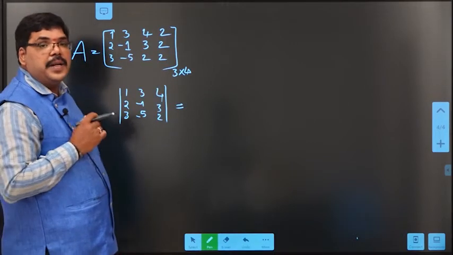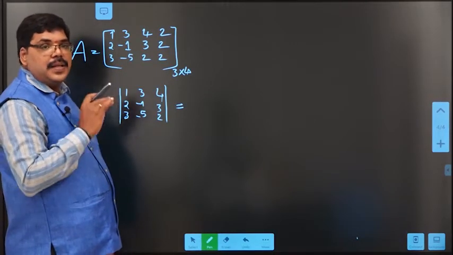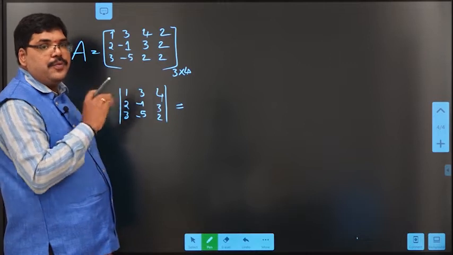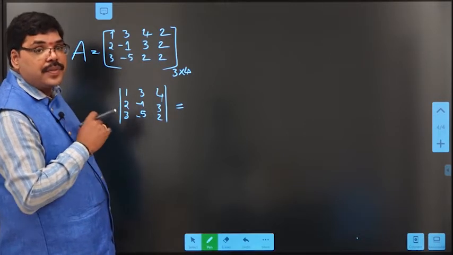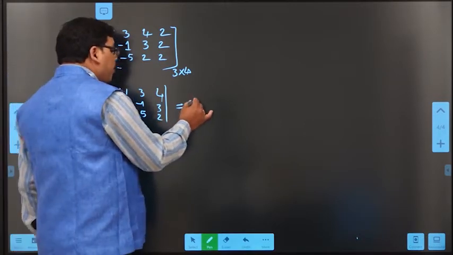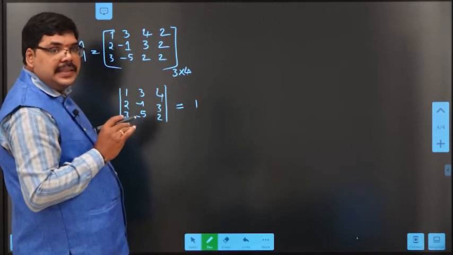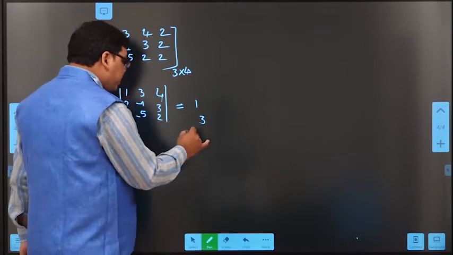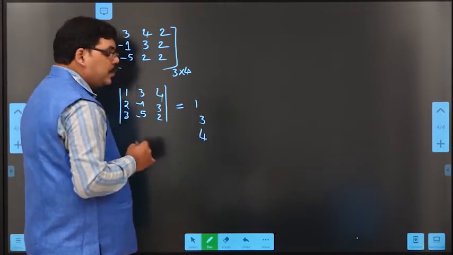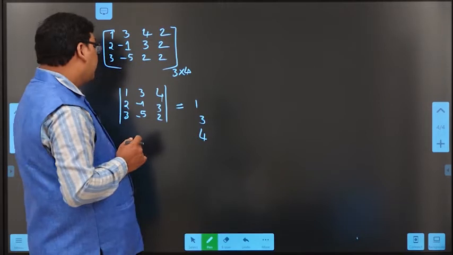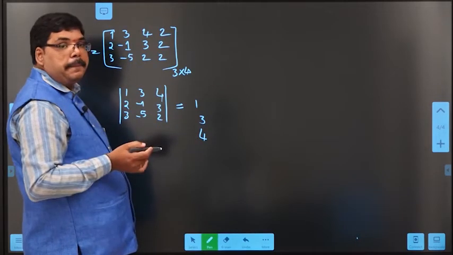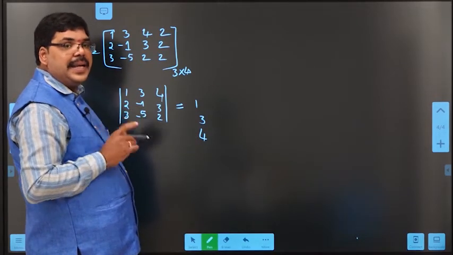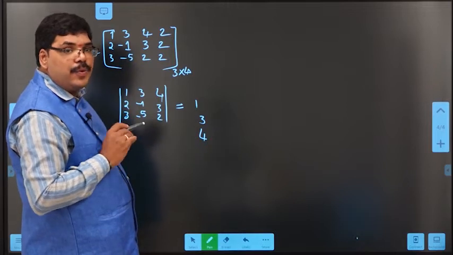How to find the determinant of a 3 by 3 matrix? Select any one row. I am selecting the first row. What are the elements of the first row? 1, 3, 4. So multiply 1 with its minor. How will you get the minor of 1?